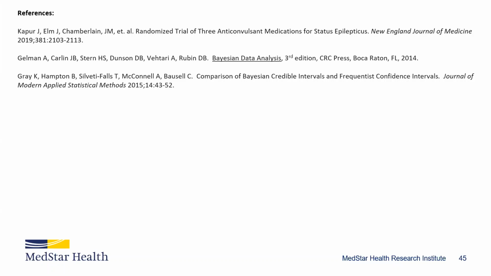And then the last reference I have here is an interesting comparison of credible intervals and confidence intervals, comparing the two in terms of what they represent and what they mean.